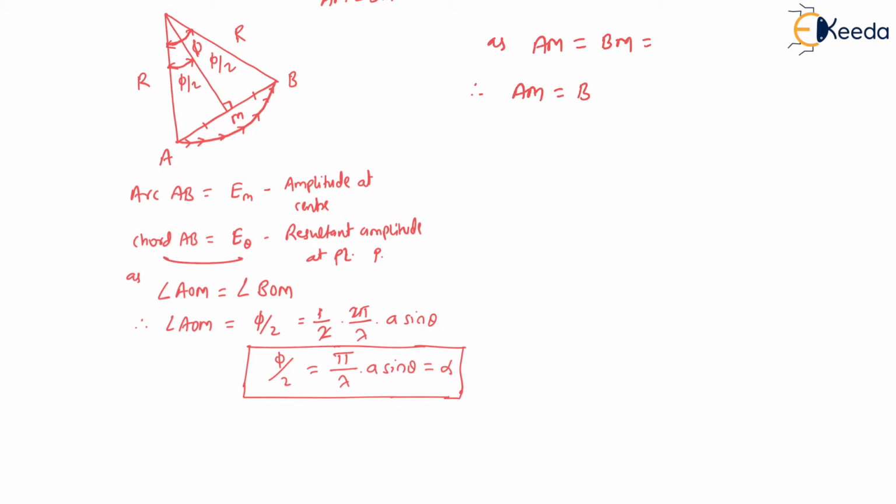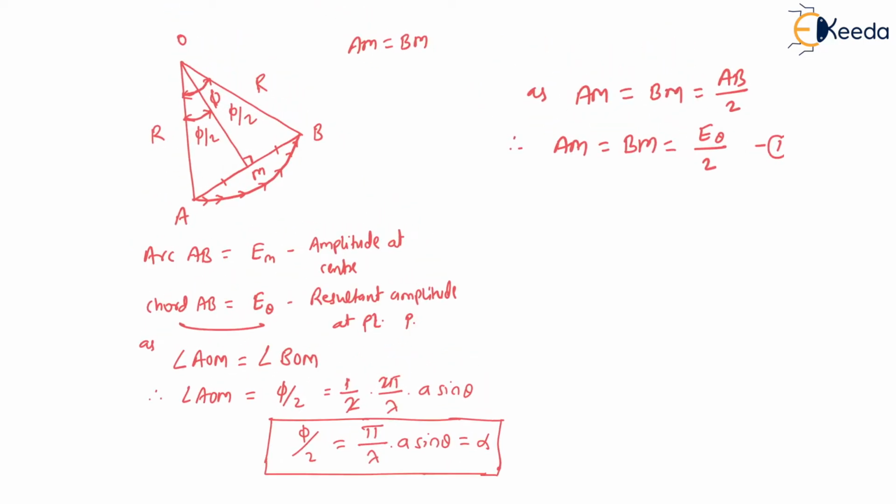So AM equal to BM equal to AB upon 2. That will be what? AB upon 2. So AM equal to BM equal to, the value of AB is E theta, so it will be E theta upon 2. Let this be equation number 1.